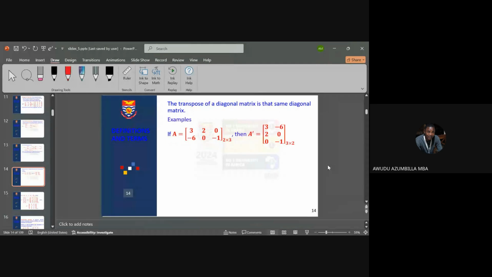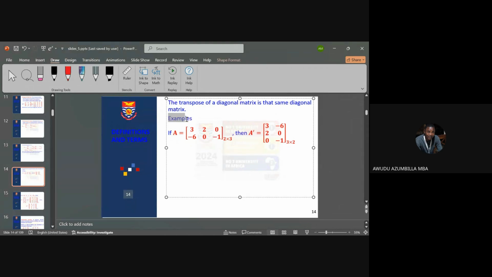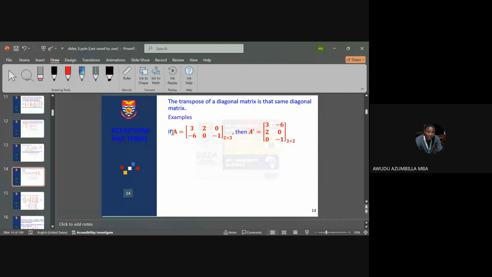Let's look at what I'm talking about. Now, we are looking at the transpose of this matrix. The matrix in the bracket is matrix A, and matrix A has elements 3, 2, and 0. These are called rows. Take note, these are called rows. And these are called columns. So how many rows are there? 1, 2, 3. We have 3 rows.